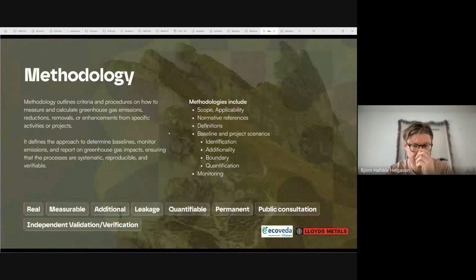They define the scope and the applicability, and they provide the project or methodological definitions that lie outside the scope of the ICR and ISO standards, and then how to establish the baseline, determine additionality, boundary, quantification, and monitoring.